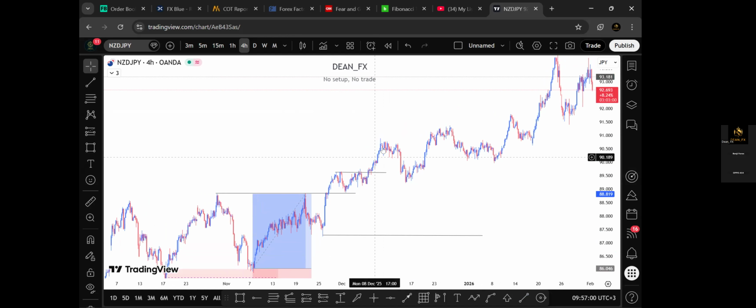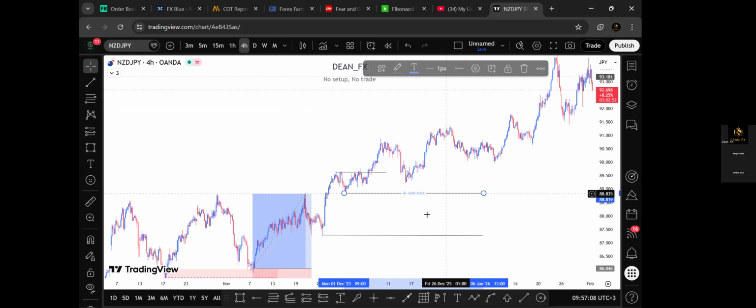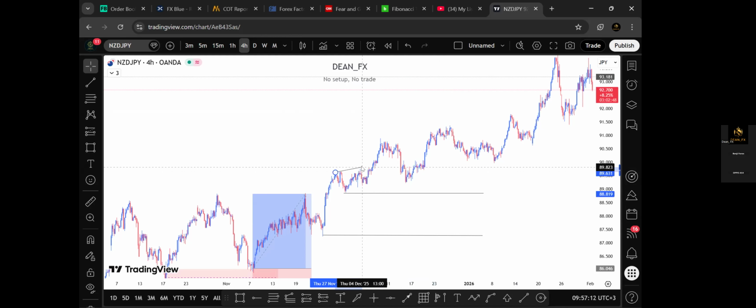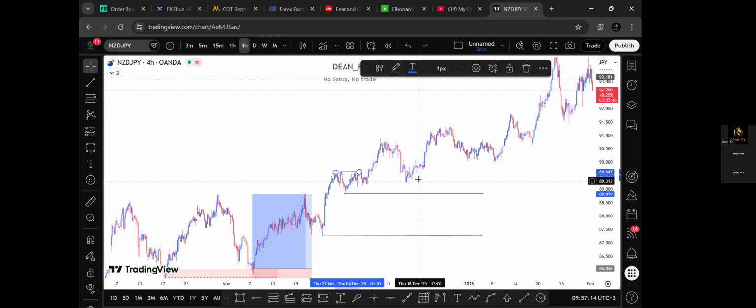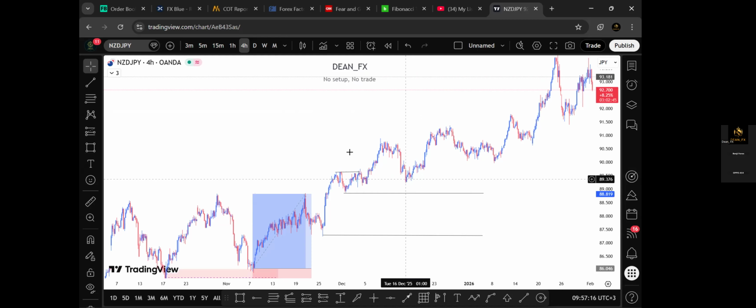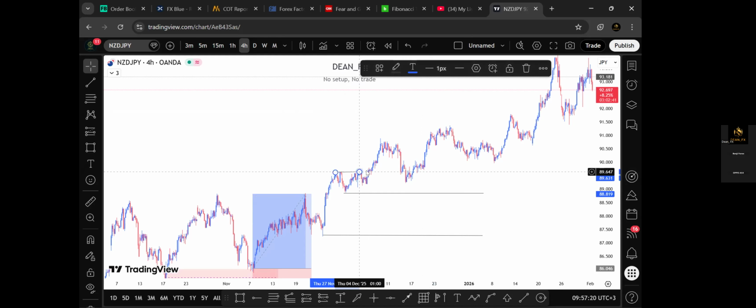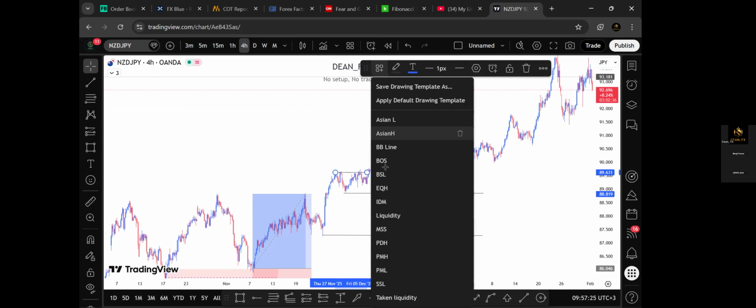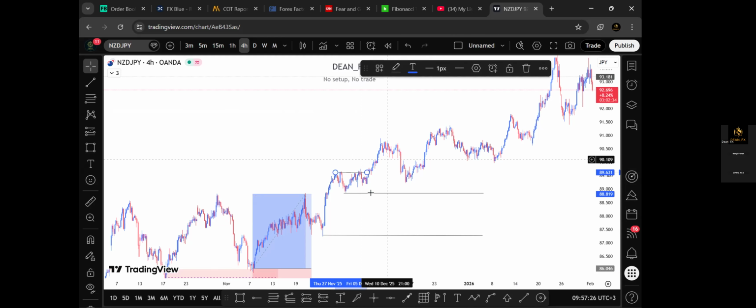Then another break again. So take this one, and you see it there. So this turned out to be our break of structure.